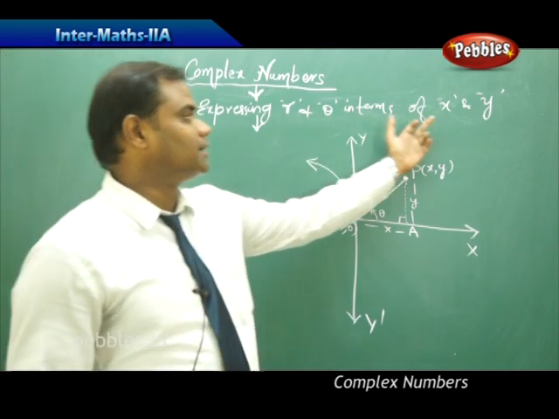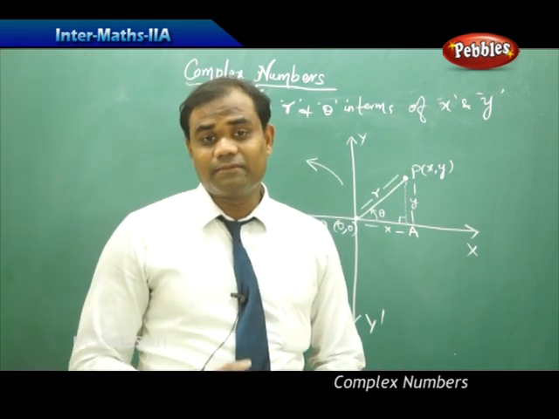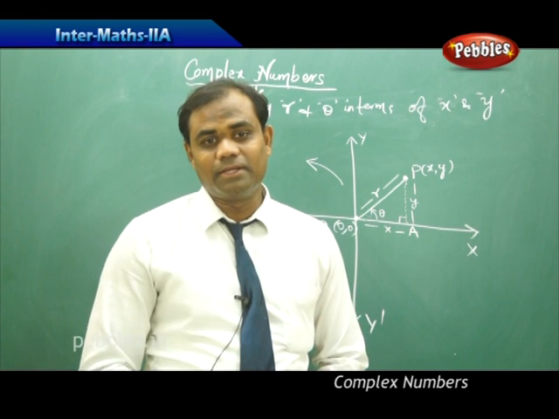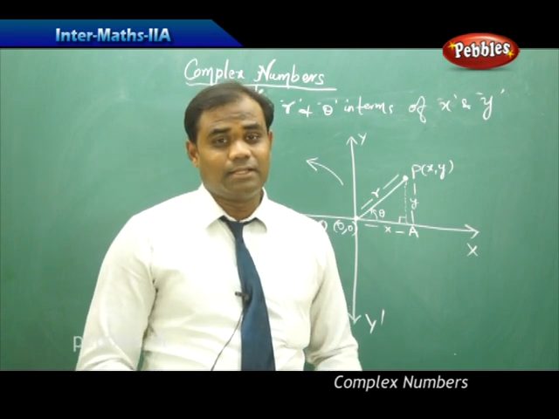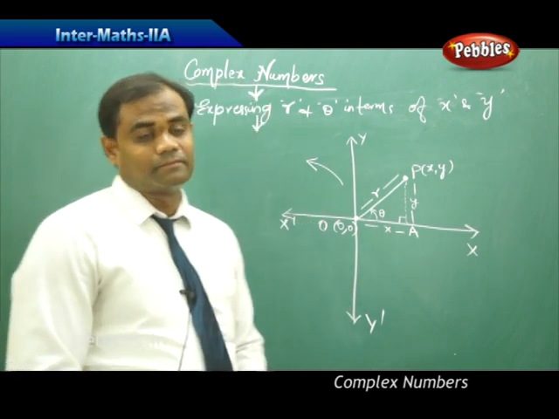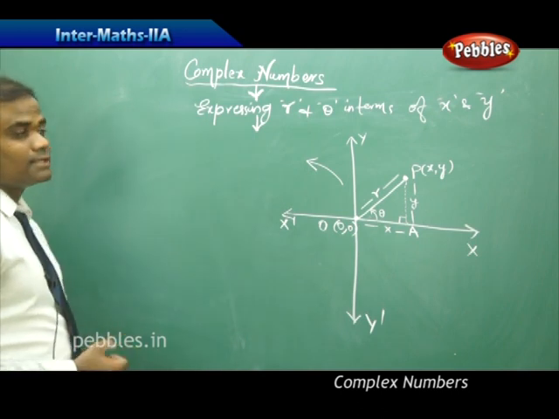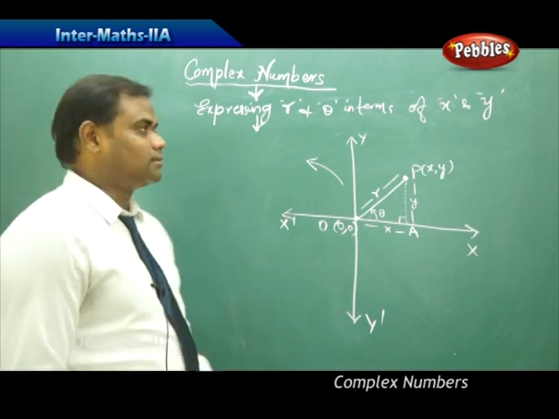Now we'll see how the Cartesian coordinates are expressed in polar coordinate form, that is, how we can express r and theta in terms of x and y. x and y are the Cartesian coordinates of P, and r and theta are the polar coordinates of the point P. So let's see how r and theta can be expressed in x and y.